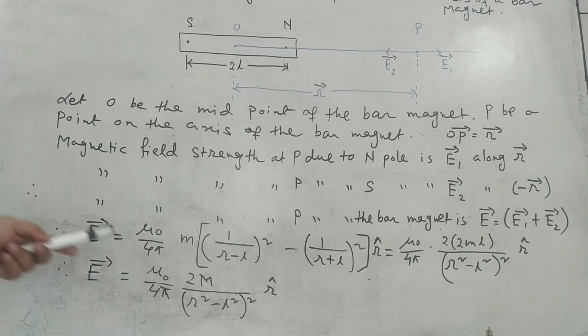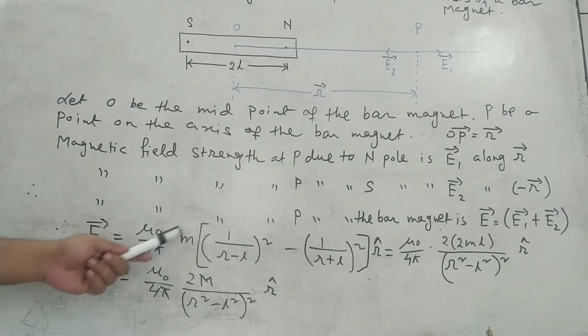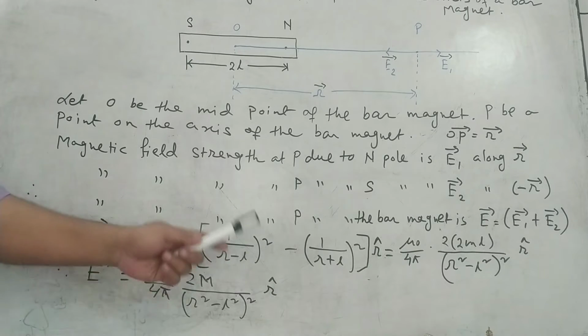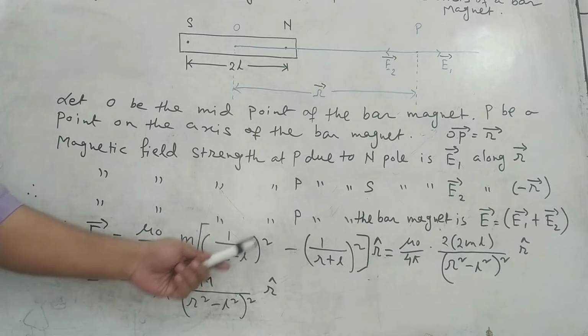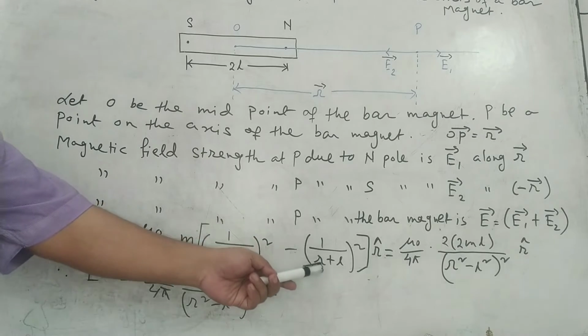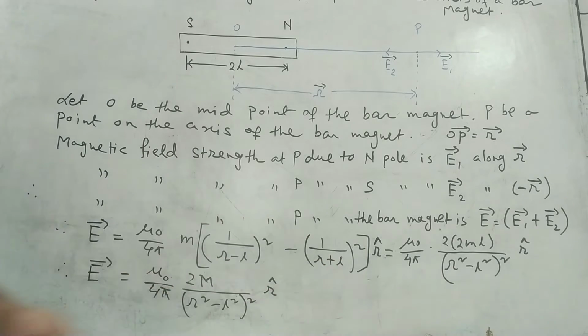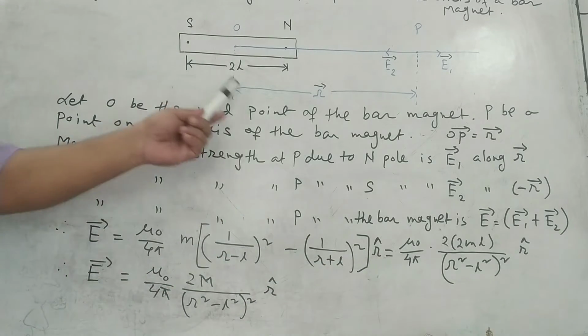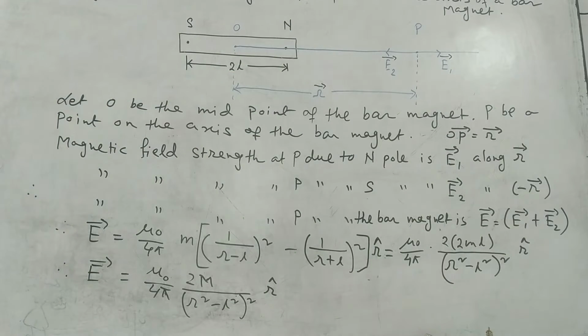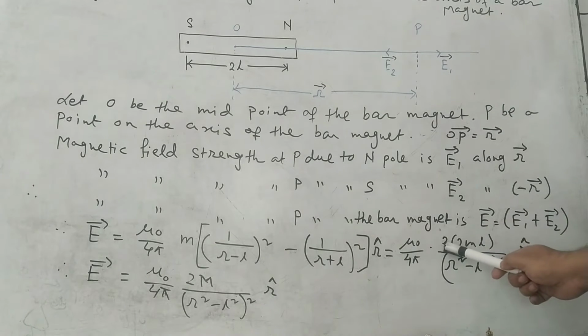Therefore E vector is equal to mu 0 by 4 pi m whole into [1 by (R minus L) whole square minus 1 by (R plus L) whole square] R cap. Here R cap denotes the unit vector along R vector. Simplifying, we can write mu 0 by 4 pi, 2 into 2mL by (R square minus L square) whole square into R cap.